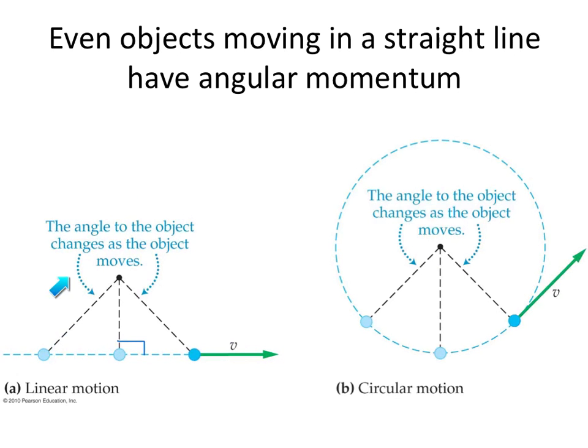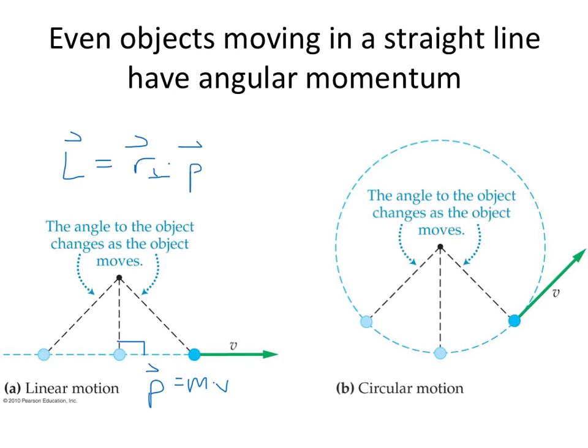And you can find that angular momentum by finding the right angle radius, also called the moment arm, and then the momentum p. That's mass times velocity right there. The angular momentum would be the moment arm times p. All right?